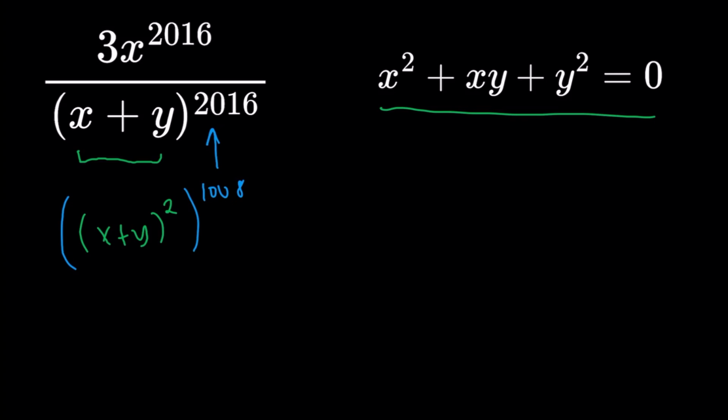Now we can expand the square of x plus y inside the parentheses like this. So we have x squared plus 2xy plus y squared, and then we're raising it to the 1008th power.